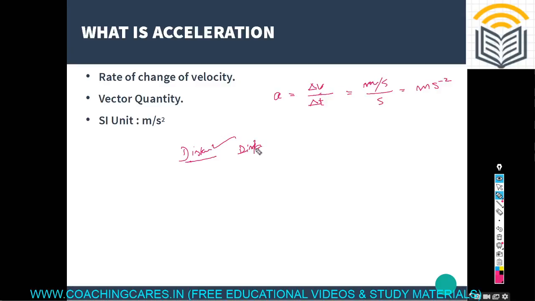Change of position per unit time is called velocity. And the change of velocity per unit time is called acceleration. These terms are correlated to each other while studying the motion of an object under different conditions, so it is very important to understand all these very clearly.